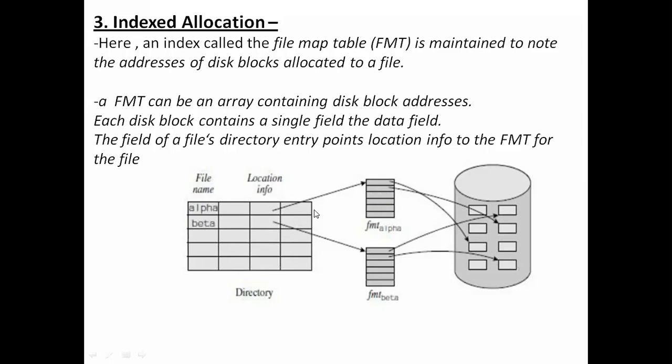Similarly for the file beta, by knowing the address of FMT beta stored in the location information of the dictionary entry, we can access all the blocks allocated for the file beta. This information is shown using these arrow marks. So you can explain this for indexed allocation.